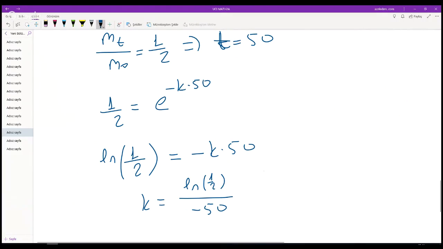Of course you can solve it in that form, but you still need the natural logarithm to find the exact equation.